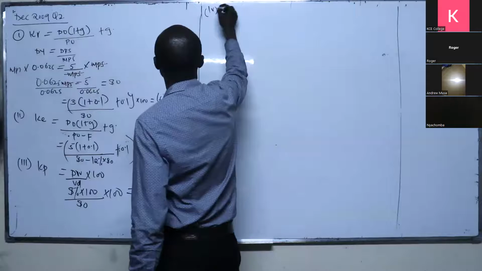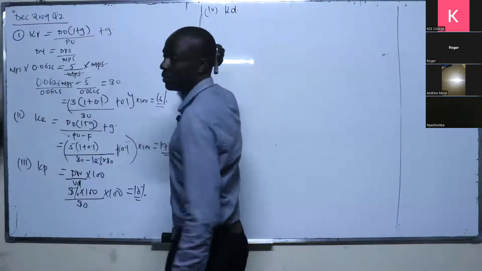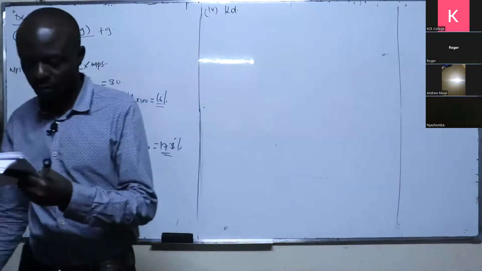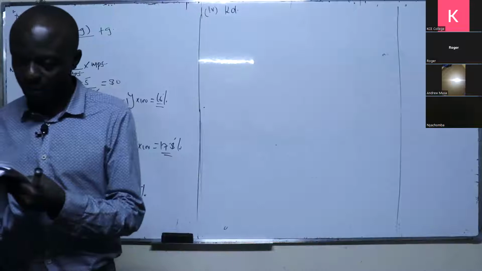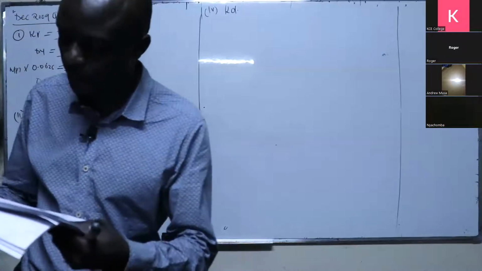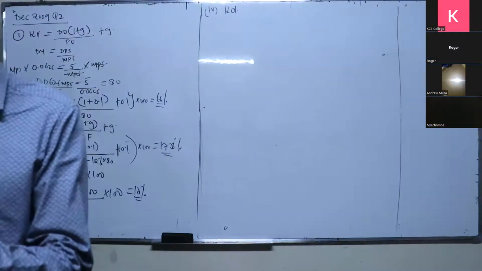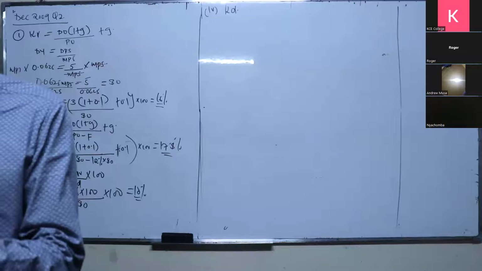And then the last one is number 4. We determine the cost of debt, the debenture, which is KD, from additional information number 6.